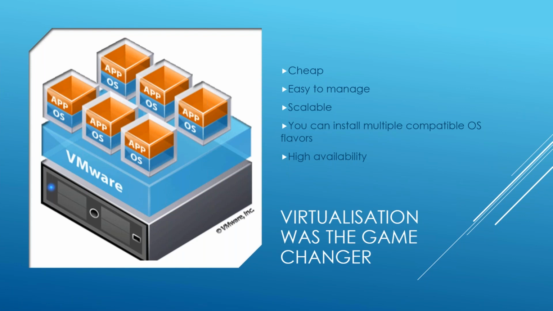And as I said, you can install multiple compatible OS flavors, and it will be highly available. So this technology changed the software infrastructure world. Every company installed hypervisors, came away from the physical servers, and started working with VMs.